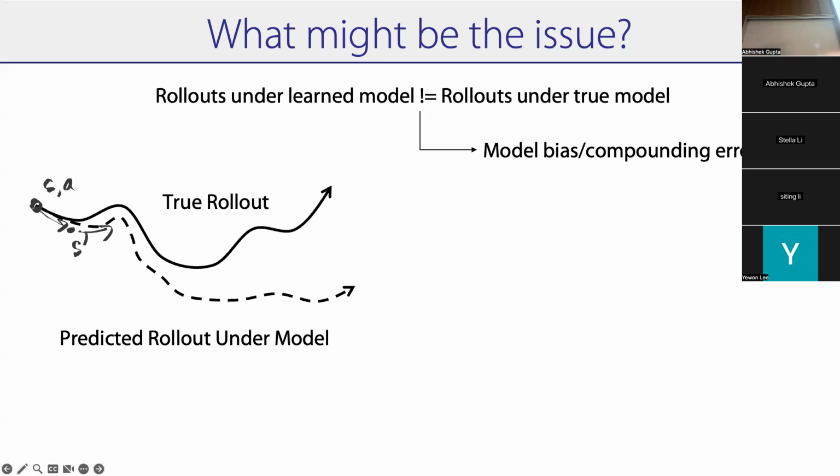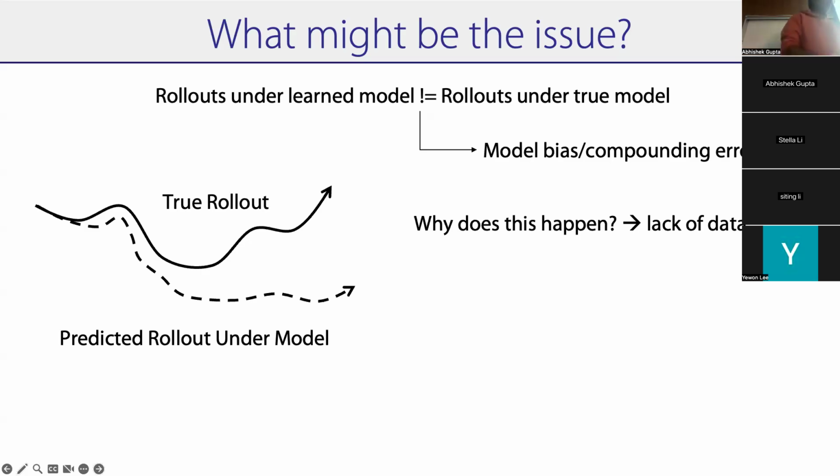One is that your model has small errors and you have compounding error. The other is that you're trying to do planning for actions that you haven't seen. Say I've only seen actions that go this way, and I ask the model what happens if I go that way. It's a counterfactual question. But we're largely going to focus on these little model errors and how they compound over time.